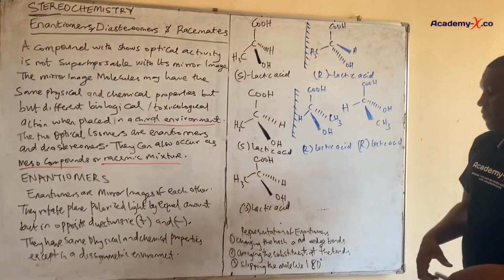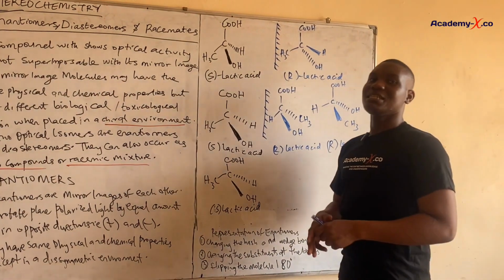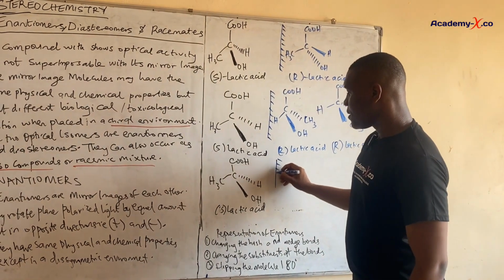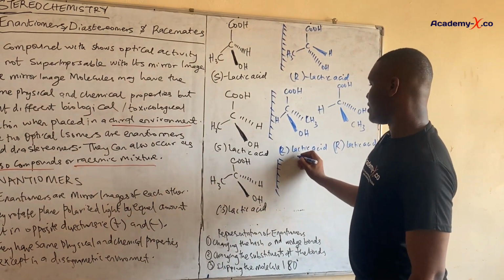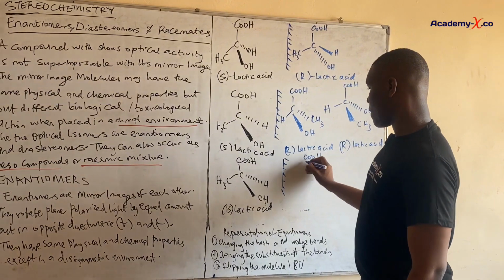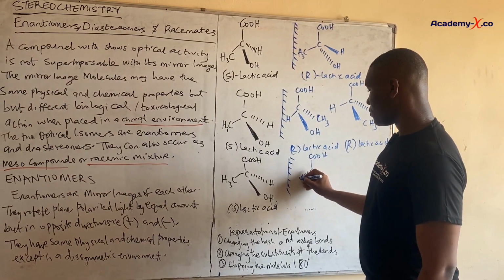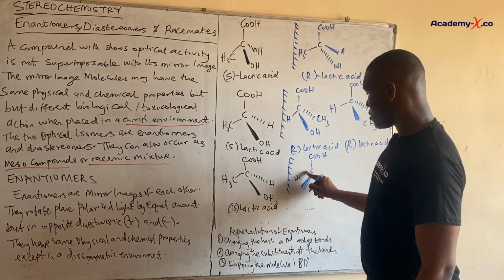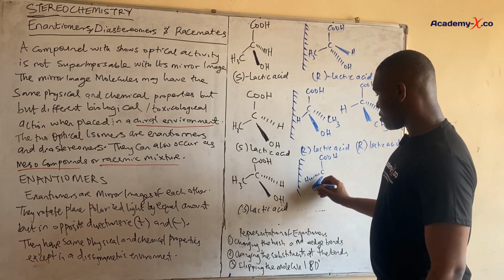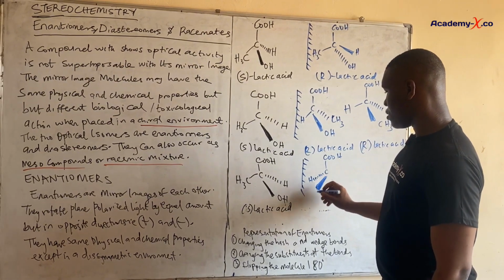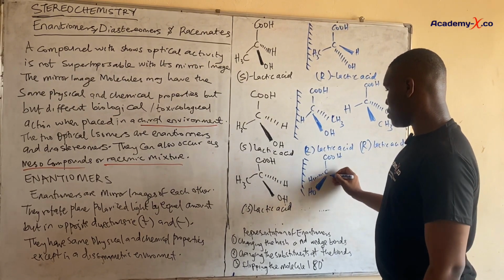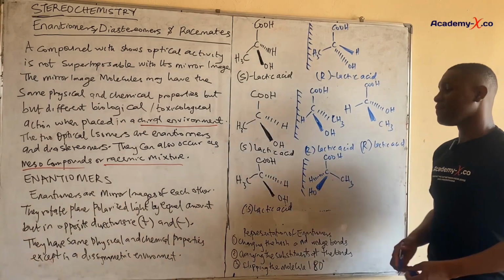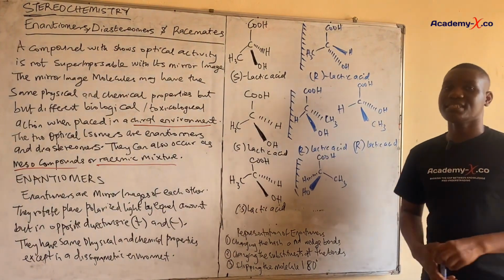Now the last one is flipping the molecule 180 degrees. So if you flip the molecule, you get the enantiomer. Example, if I flip this molecule like this, C, H. Now I've just succeeded in flipping this molecule by 180 degrees.